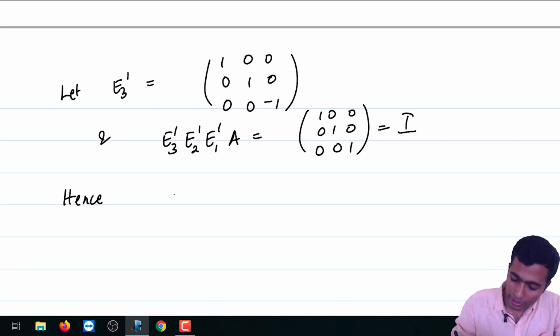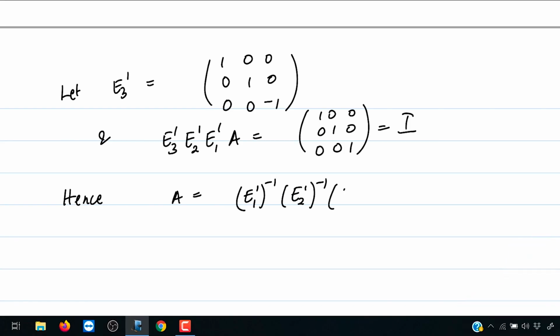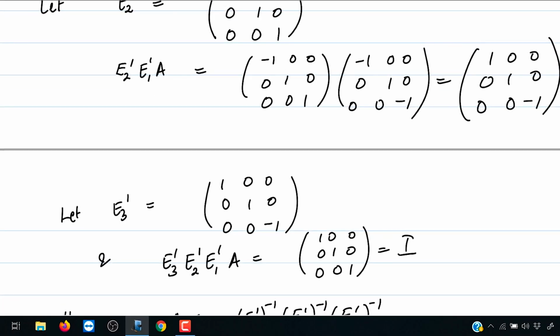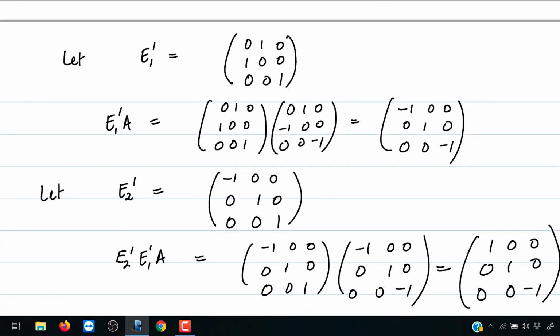Hence A is nothing but E1 prime inverse, E2 prime inverse and E3 prime inverse, which is quite straightforward to compute. Let's look at what E1 prime was. This would imply E1 prime inverse is the same matrix.